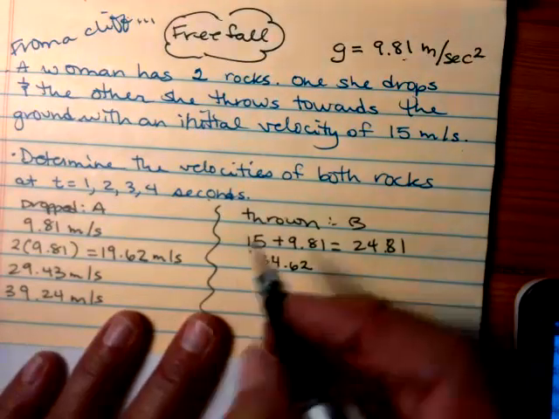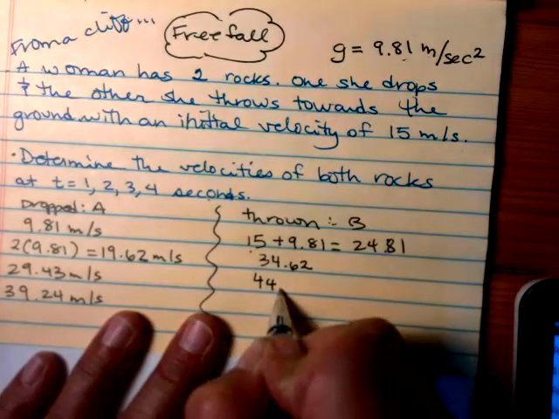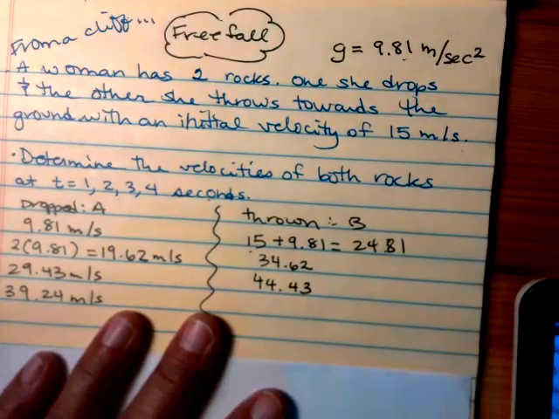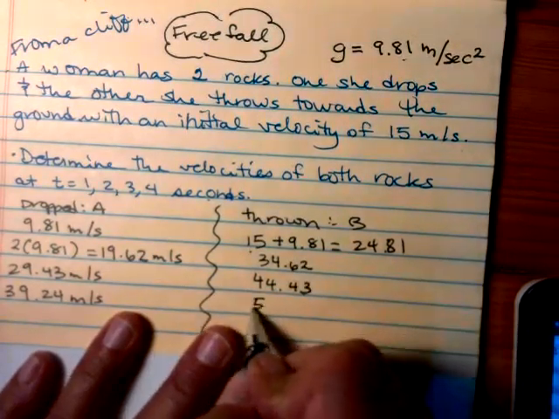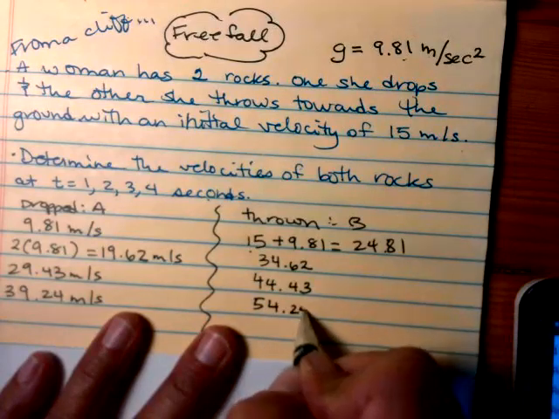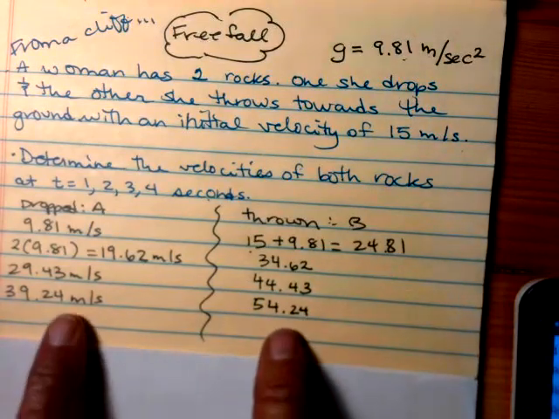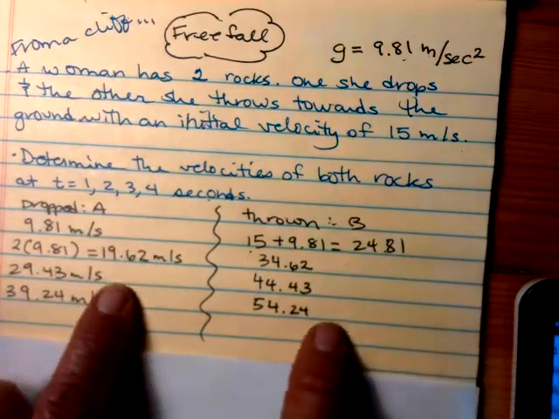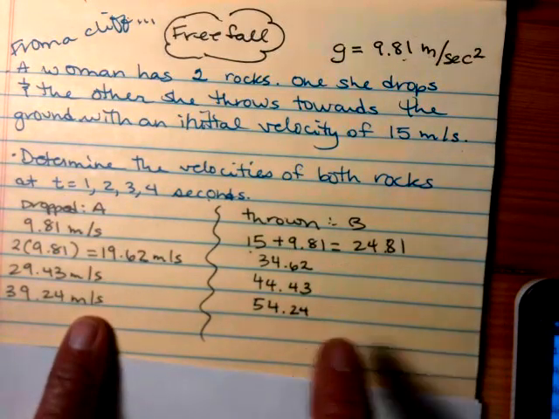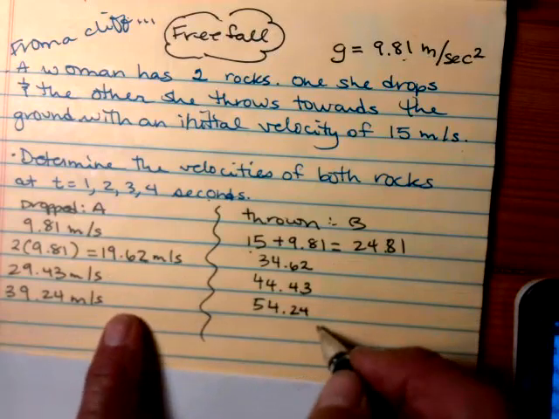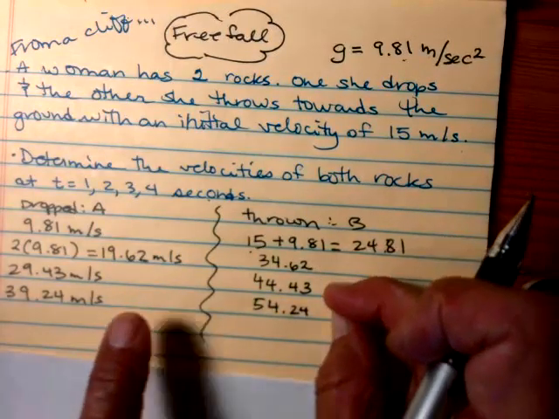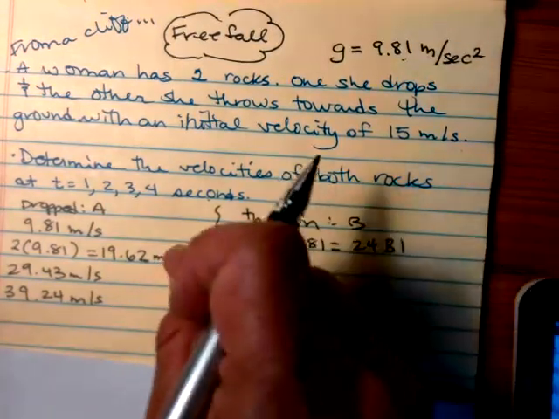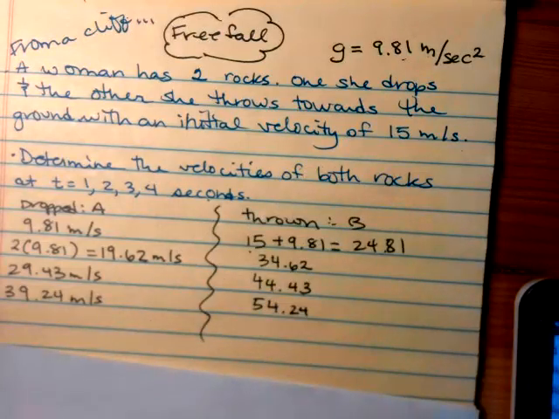Do it again. So each second it's increasing its velocity by that constant amount. Even though the dropped versus the thrown ball have different velocities, the increase between each subsequent pair, for the thrown versus the dropped, stays constant.